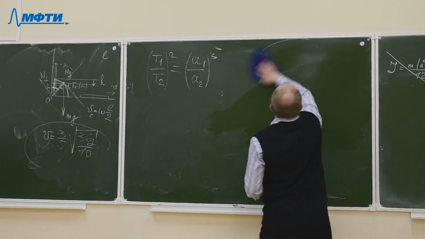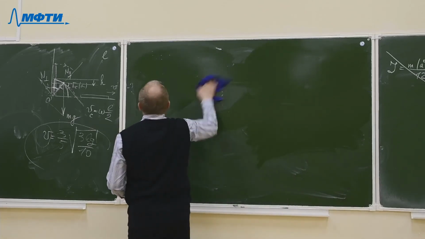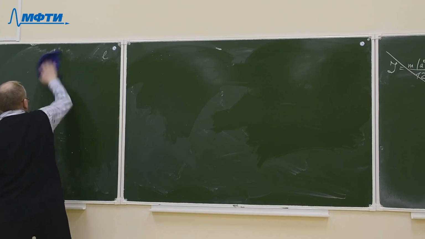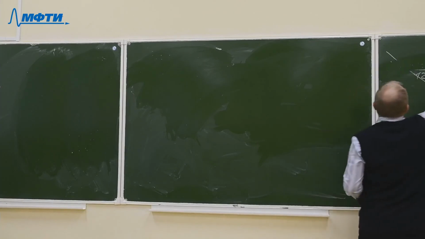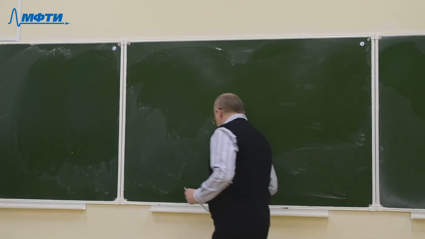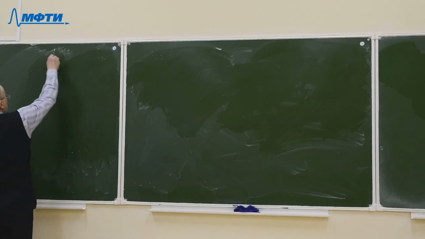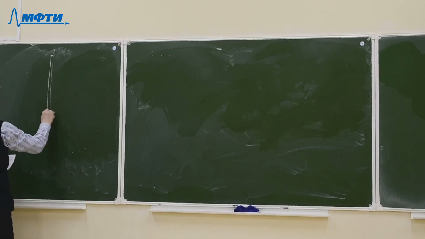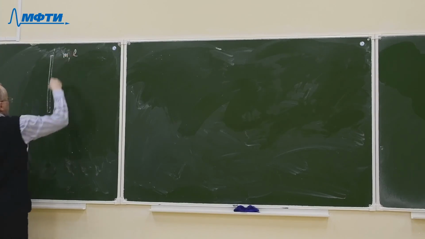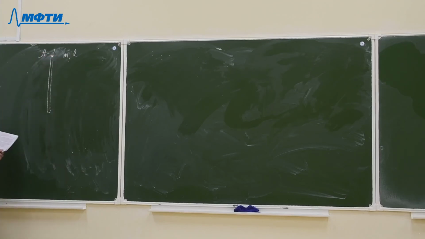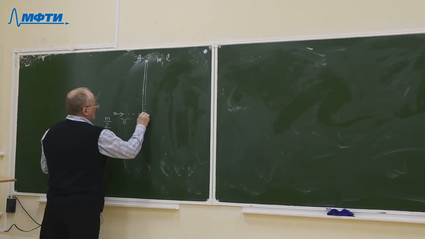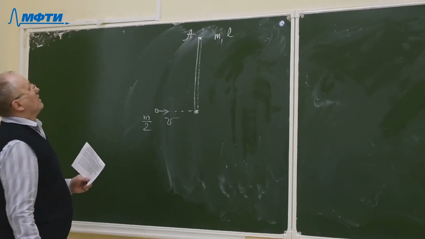And we will consider the last problem here. There is a rod of mass m and length L, and point A, the upper point of this rod. Some small ball of mass m over 2 flies with velocity v and strikes the lower end of this rod.